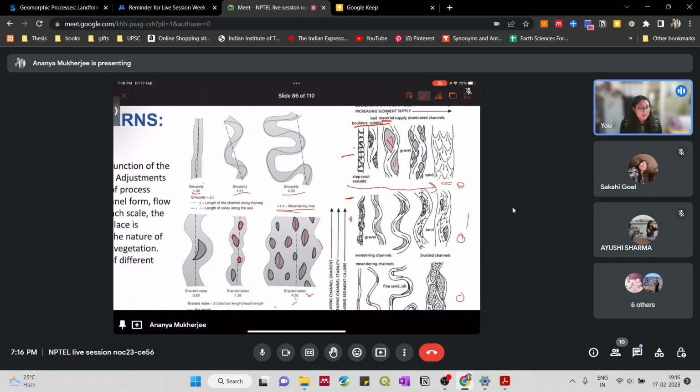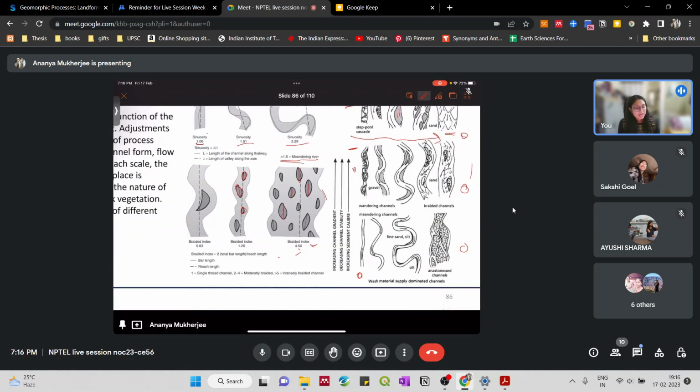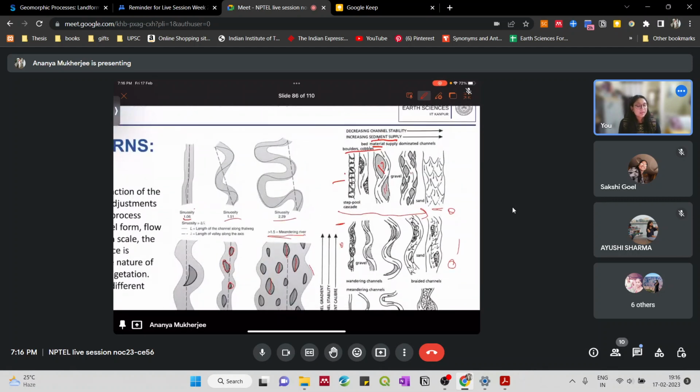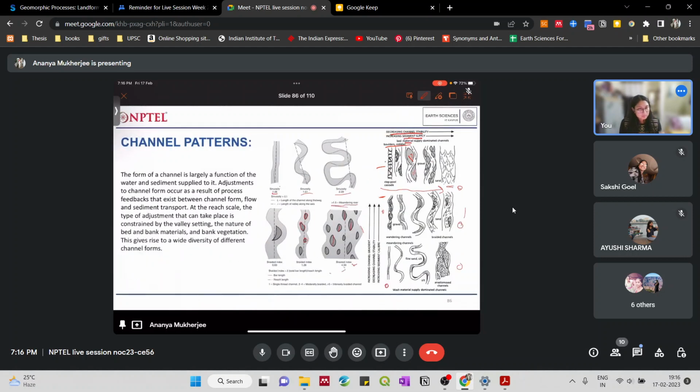As the sediments are getting deposited, the river is going to find narrower paths to flow between the deposits. So this is how the channels are going to look with time, with increasing sediment supply and decreasing channel stability. Is this clear now, Kuldeep? Did you understand what I am talking about when I talk about channel patterns and channel forms and how they are getting shaped?